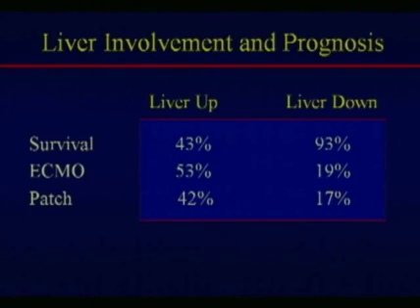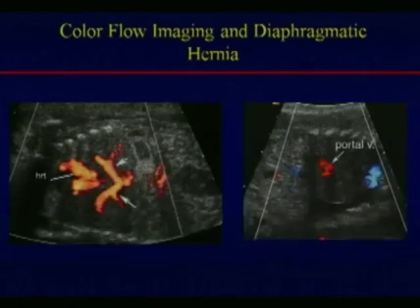Also, a much higher chance of requiring a surgical patch when the liver is up, and that's simply because the defect tends to be bigger than when the liver remains down. So big differences whether the liver is up in the thorax or down in the abdominal cavity, and that's one of the things that we want to determine.